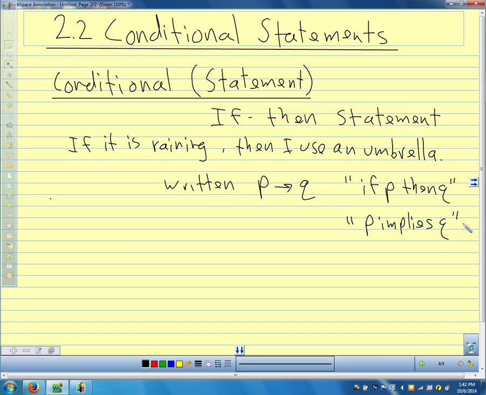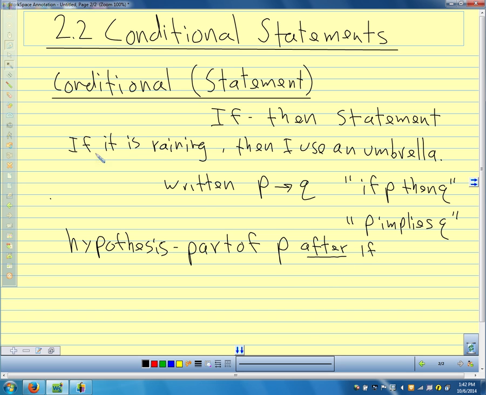We call the part of P that doesn't include the if the hypothesis. So I'm going to say the part of P after if. So we don't include the word if.